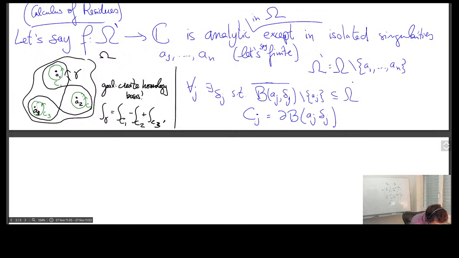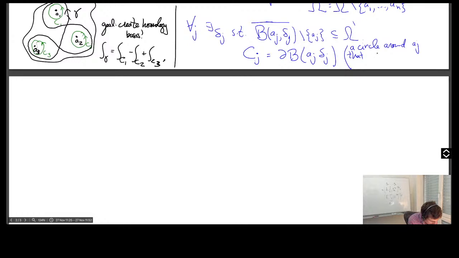So to be completely precise, I should really write it this way: basically, a circle around aj that doesn't contain any other singularity.